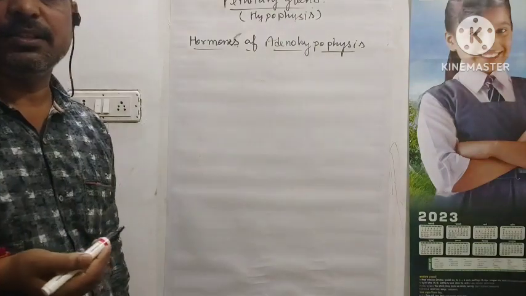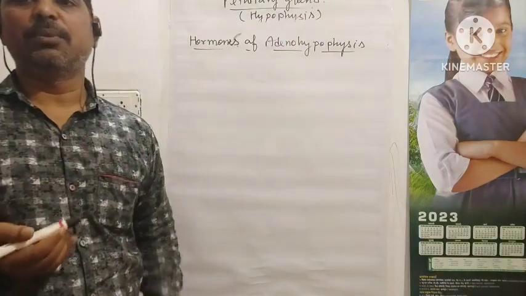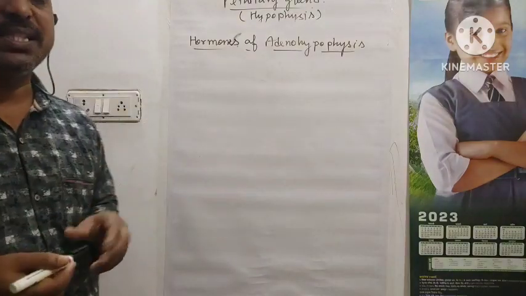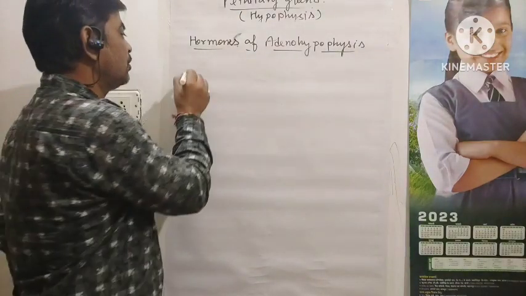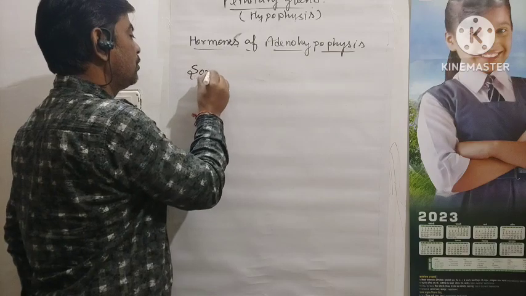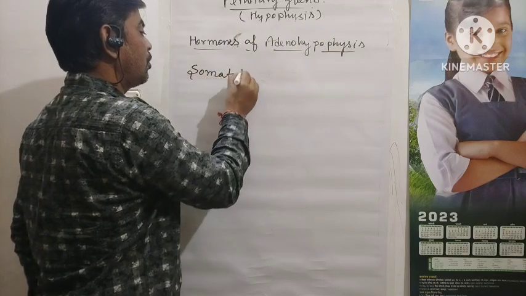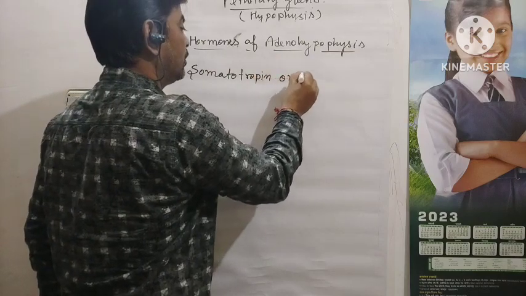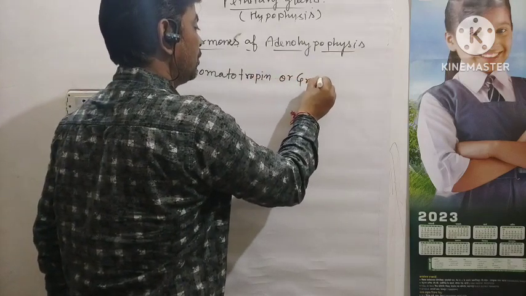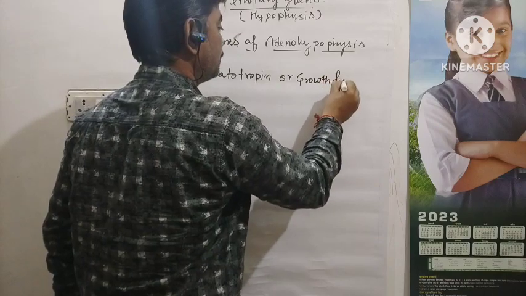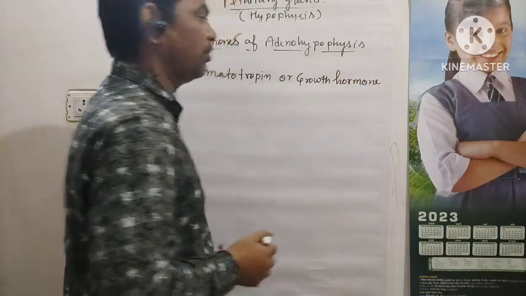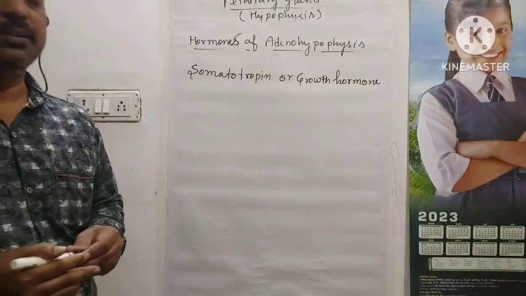As I said, the anterior lobe secretes tropin hormones, which are mostly proteinaceous in nature. Somatotropin, or growth hormone, is secreted by the anterior lobe of the pituitary gland.